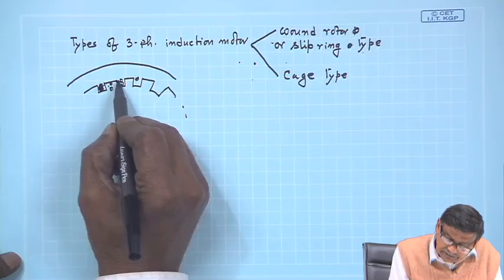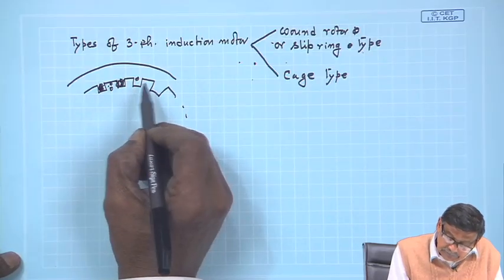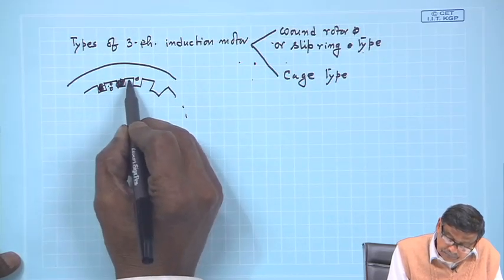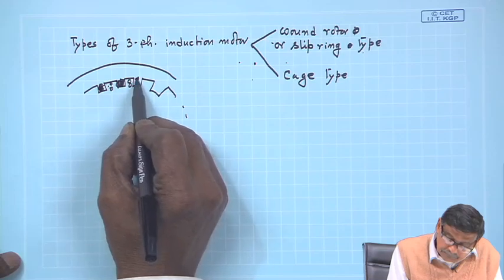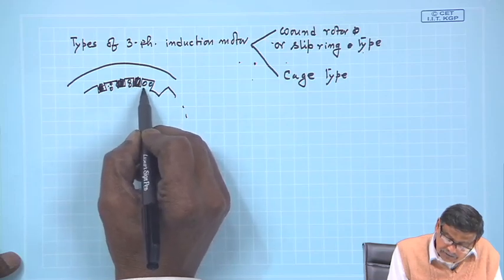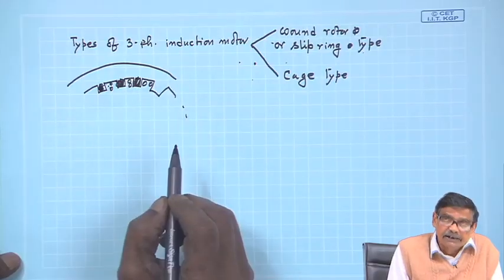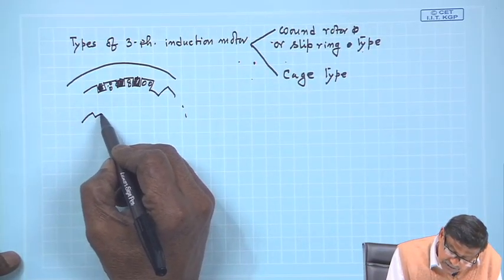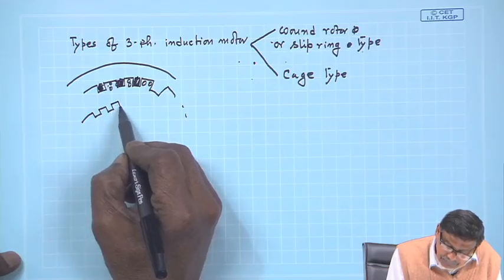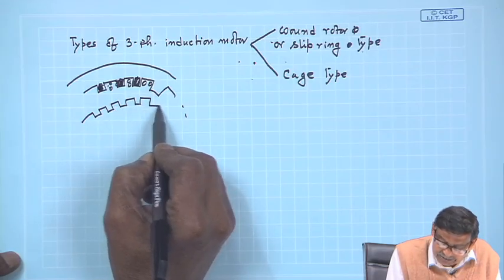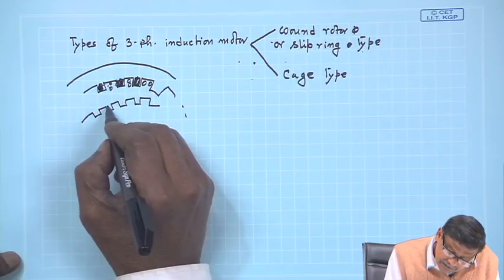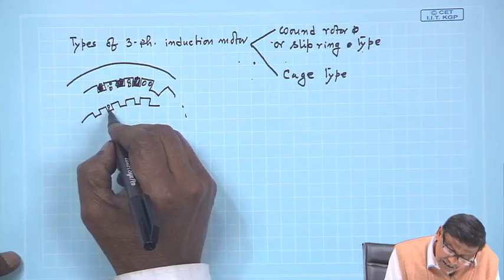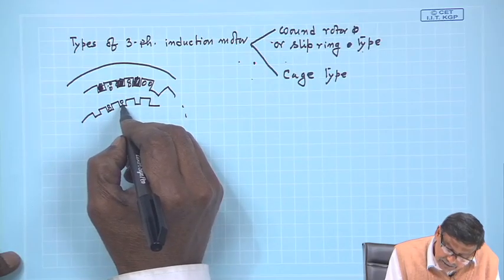This is the slots. These are the teeth and here are the slots. This is the stator winding. Similarly, in the rotor you have slots here. I am showing the air gap larger, which is not the case. This is the air gap, and there is also a similar 3-phase balanced winding on the rotor.